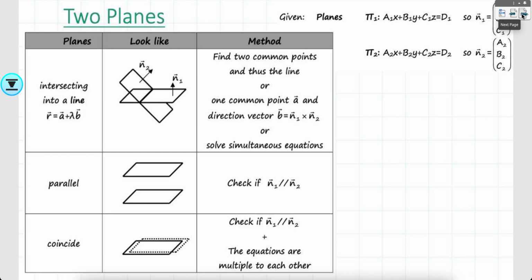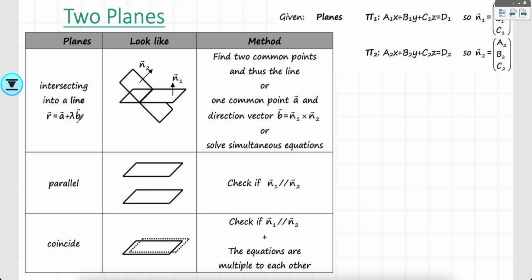So just to clarify again, if I am given two planes, plane 1 and plane 2, with normal vectors n1 and n2, then they will intersect in a line, and there are three ways to prove that. First of all, you can find two common points, and therefore you can write it as an equation of a line.